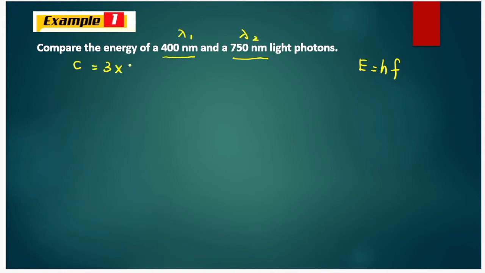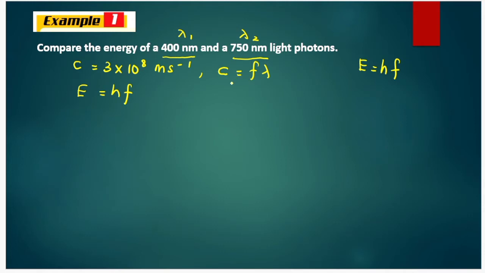As we know, light travels with the speed of light in vacuum, c equals 3 times 10 to the power 8 meters second to the power negative 1. By using the formula of photon energy, E equals hf. But here we don't have the value of f, thus we need to calculate f by using the formula c equals f lambda.